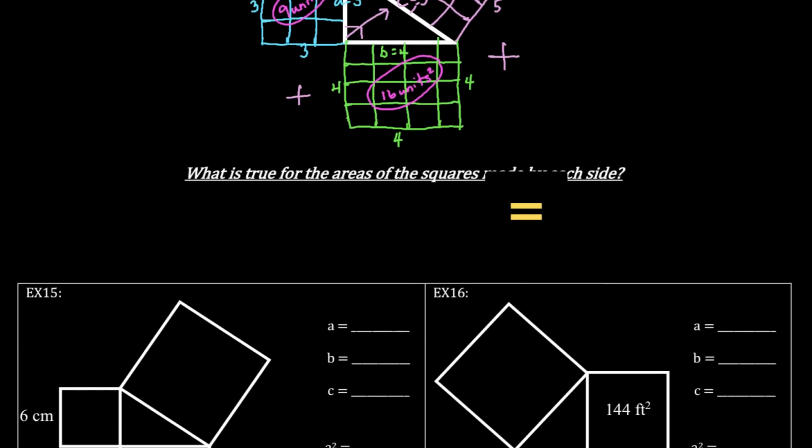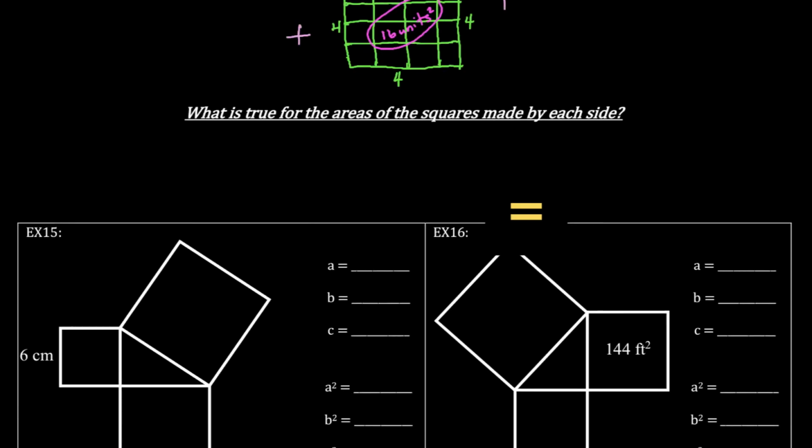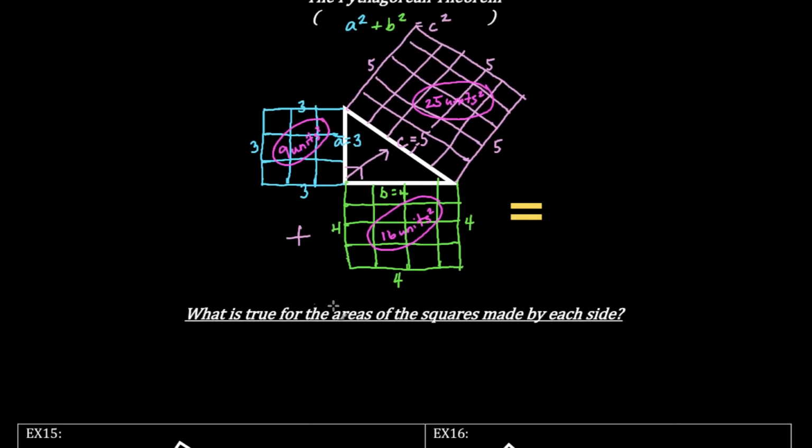Let's write what that means a little bit more. I'll go back. So what is true for the areas of squares made by each side?